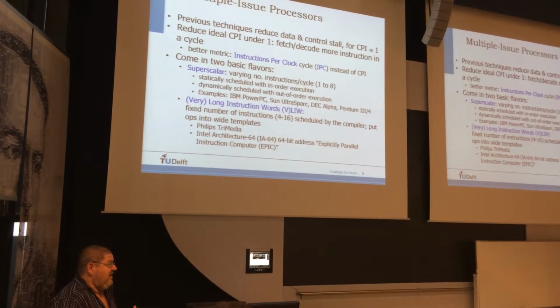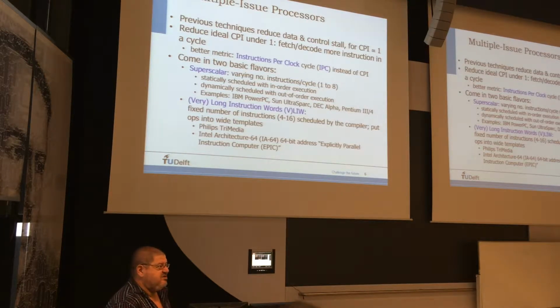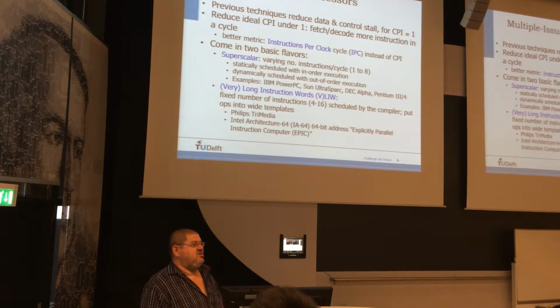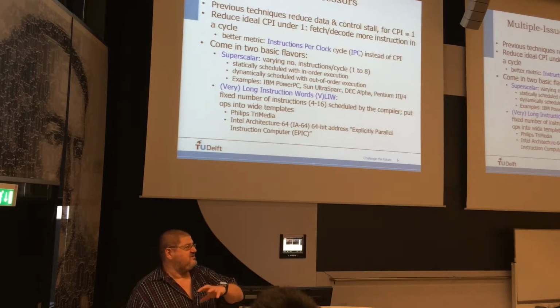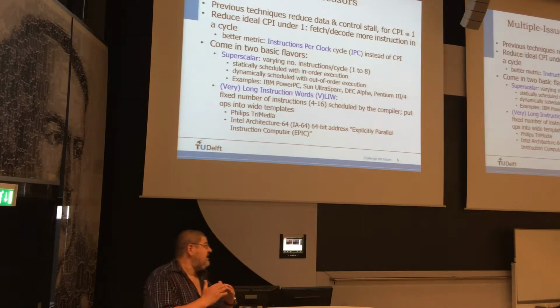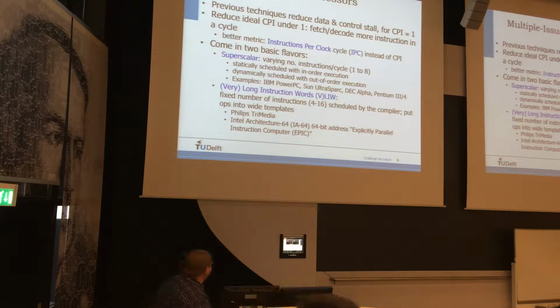Then somehow I'm starting to interfere with the memory system in not a very nice way, because I'm putting pressure on the memory system to give me instructions, and more instructions, and the memory system has different things in mind when it's organized, and I'm trying to make the memory system work as nicely as possible, and sometimes things are contradictory. Okay, now let us look further at this story.